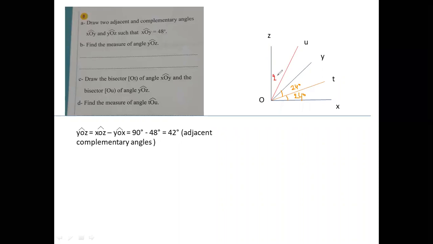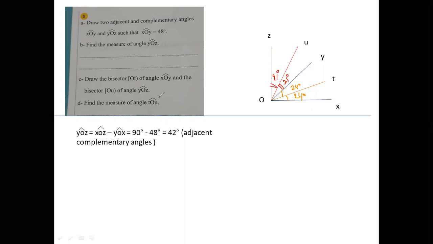So 42 divided by 2 is 21. And we're going to get the same measure for YOU. So these two angles should be equal. So we use codes and the measures on the figure in order to make it easy for us to answer the remaining parts of the question.